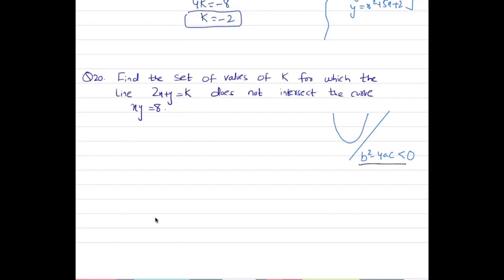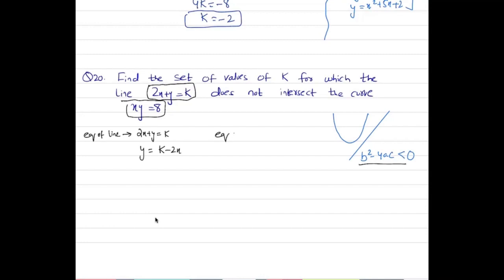The first step is to equate the two equations simultaneously. From the equation of the line, 2x plus y equals k. What is y going to be equal to? k minus 2x.